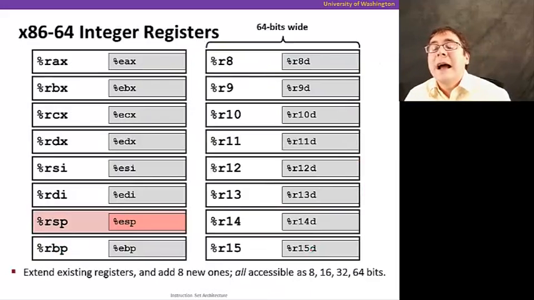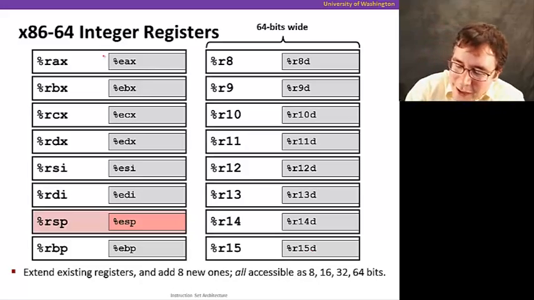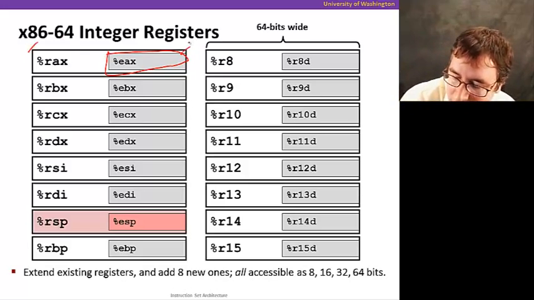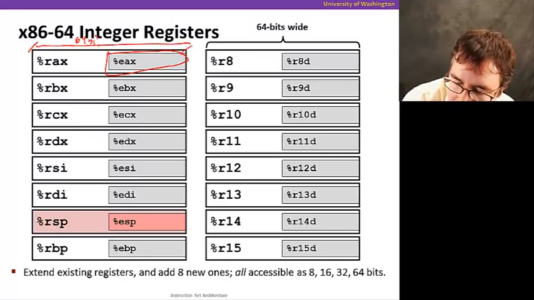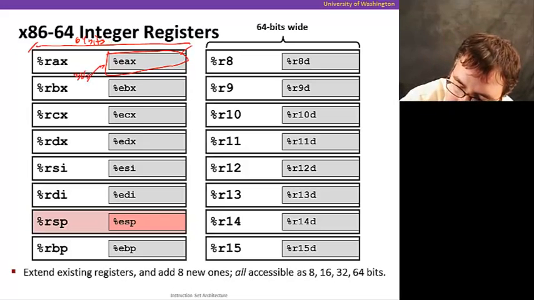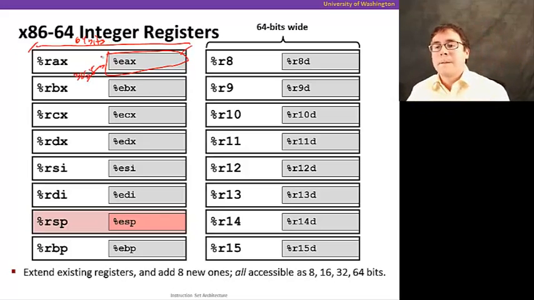So now let's see what x86-64 registers look like. Not surprisingly, you have EAX here, and the other IA32 registers are also available, but they're now only part of larger registers. For example, RAX happens to be 64 bits, and the one inside is 32 bits, and the same thing for the other ones.